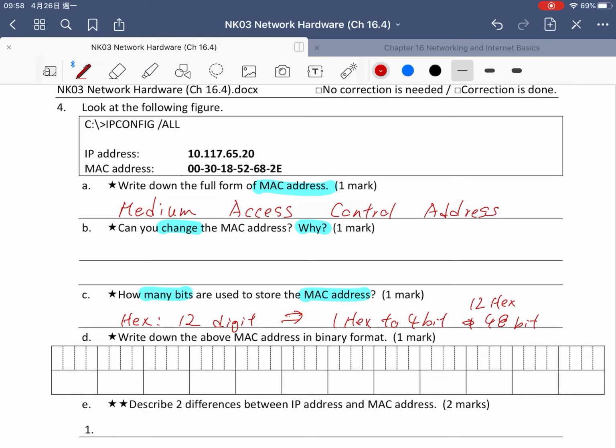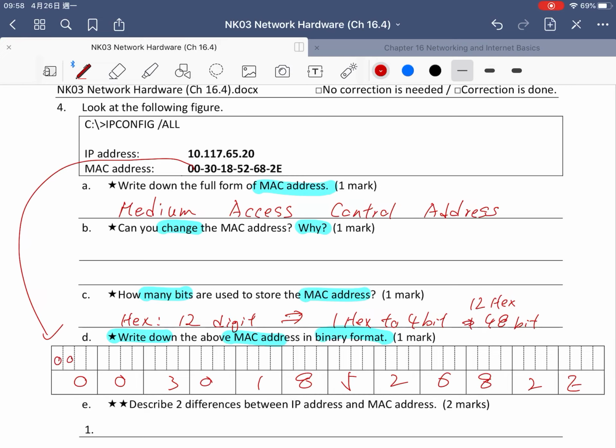You do a very simple calculation here. For example, the MAC address is, we look at the MAC address in the binary format, write down 00301825. Then you have to use the calculator. I will do 1 or 2 hexadecimal conversions for you.